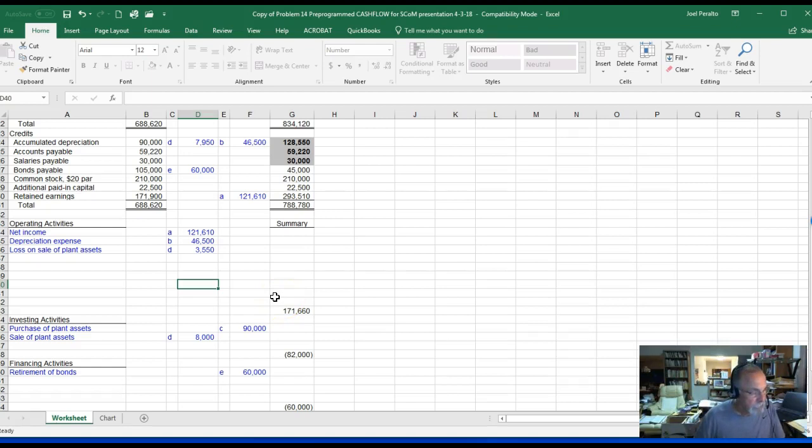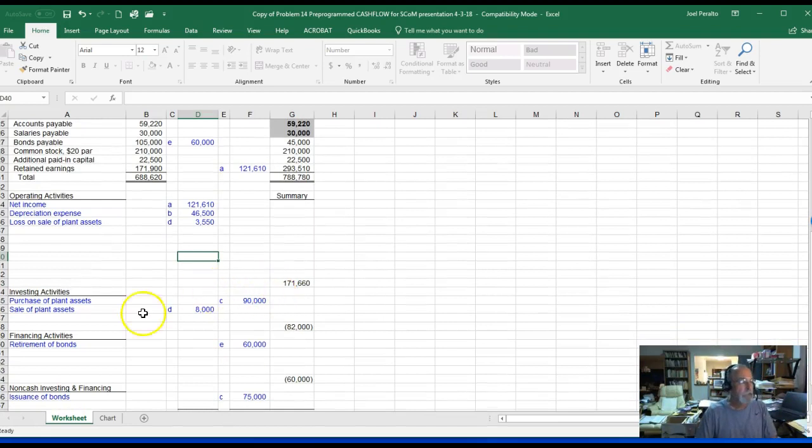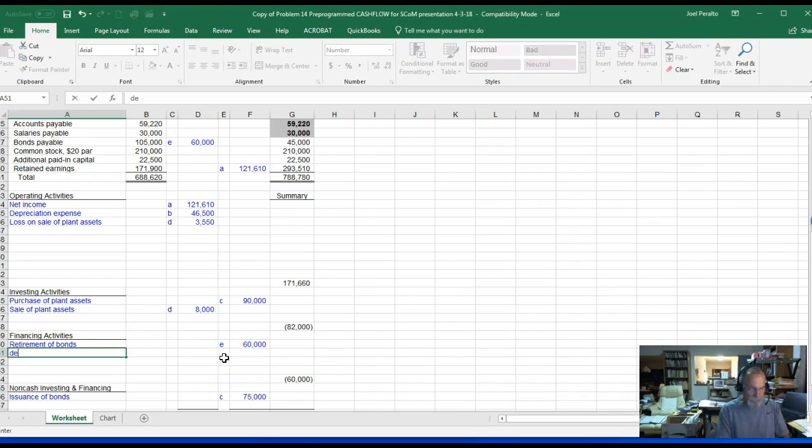And then we did E, retirement of bonds. Let's see, F, declared cash dividends of $64,000. Now dividends is an equity account, and so we would show our cash dividend under financing activities, and we can probably call that declaration/payment of dividends.